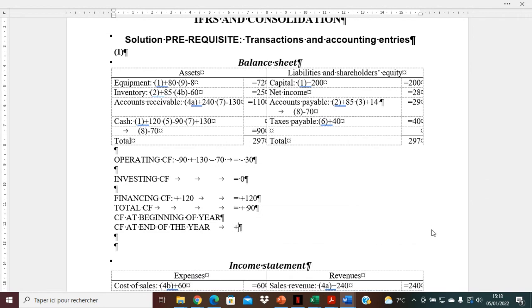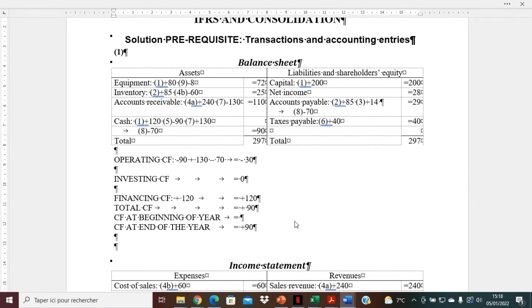Well, the cash at the end of the year is what we have in the balance sheet, and it's shown here. My cash at the end of the year is plus 90. What was my cash situation at the beginning of the year? Can somebody tell me?